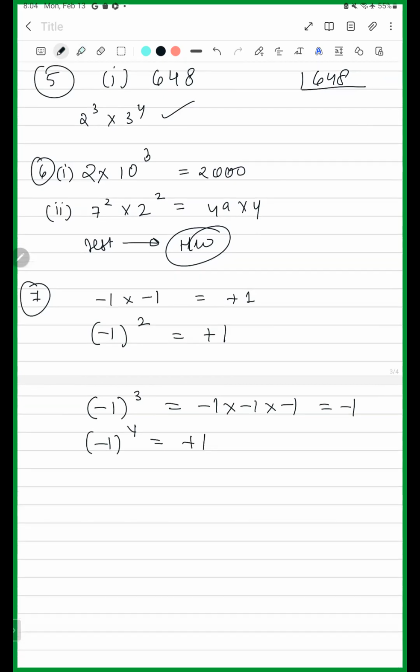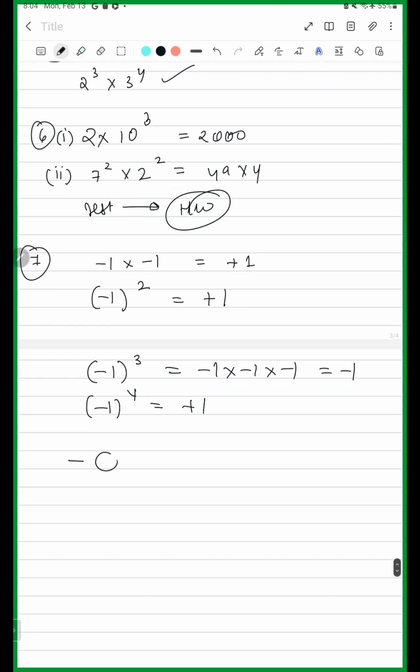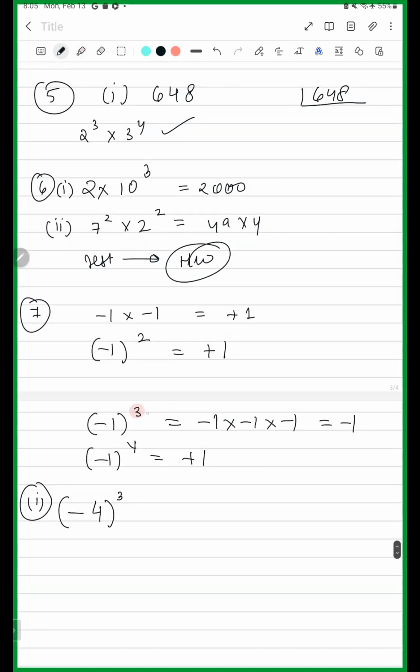So we know that if you have any number, like in the first case, you have -4. If the power, the exponent, is an odd number, then your answer will be negative.